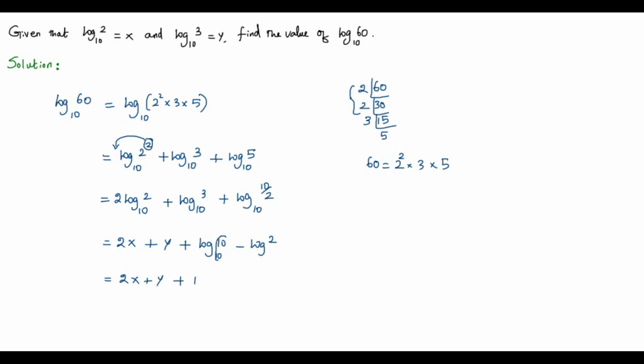Already we know that if the base and argument are equal, the value of such a logarithm is 1, minus, instead of this log 2 to the base 10, we can write x. So now we have to simplify this expression. When I simplify 2x minus x, I will be getting x plus y plus 1. So the value of log 60 to the base 10 is equal to x plus y plus 1.